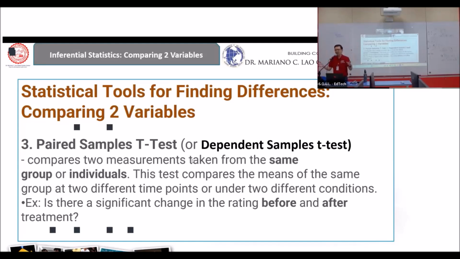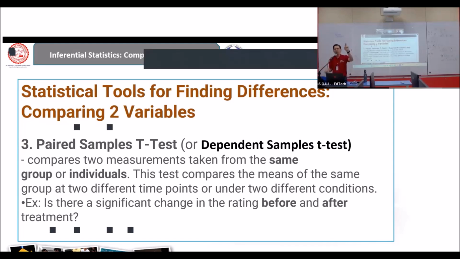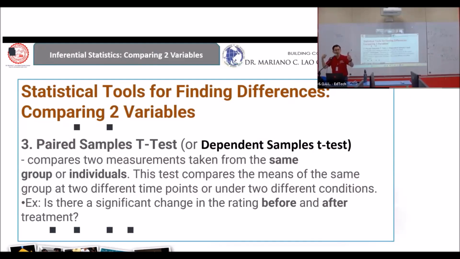But if there is a significant difference from 4 to 3, it lowers, right? Meaning, you got more confused because there is a difference from 4 to 3. The difference is 1. That means there is a significant difference in your understanding.